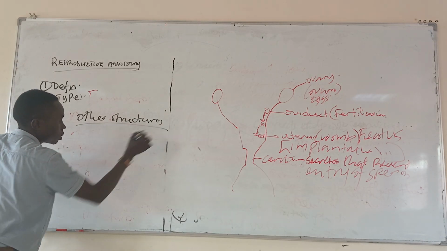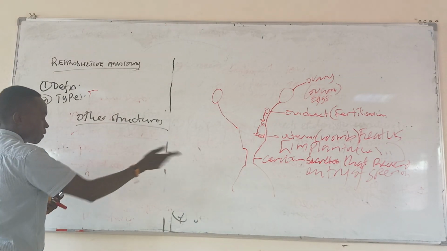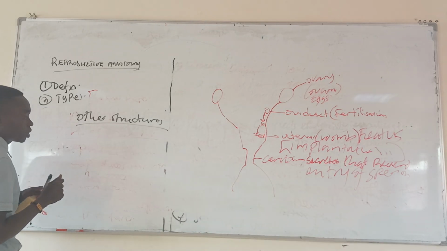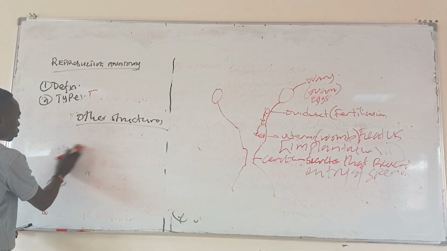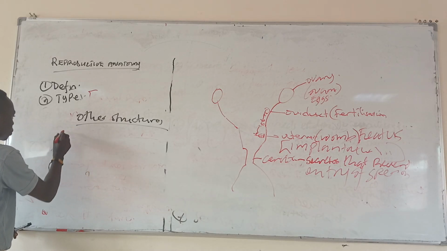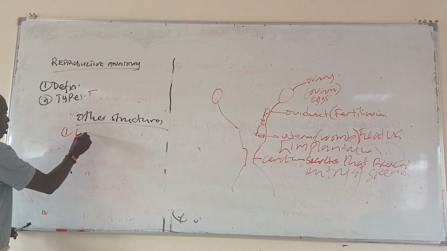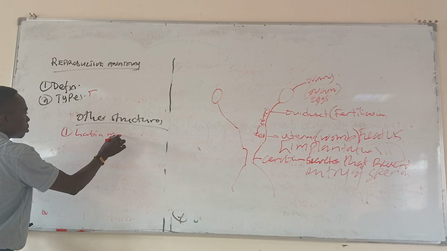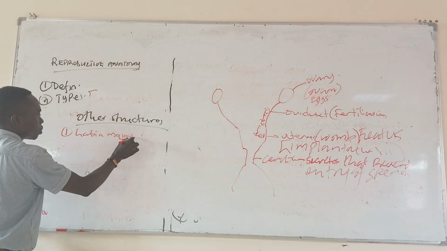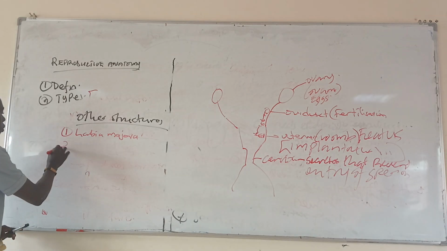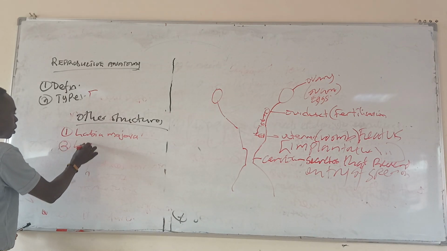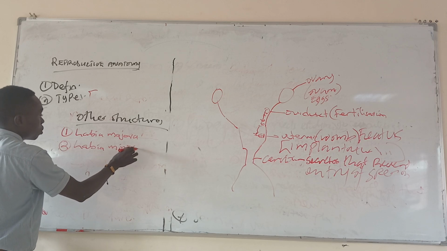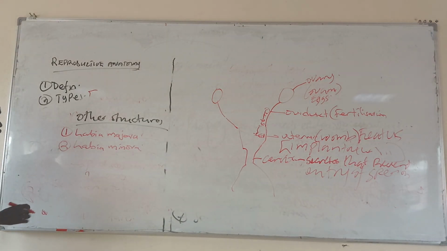Then, as I have talked about, let's look at the other structures which we find in the female reproductive system. Other structures we find here: one, what we call the labia majora. Then two, the labia minora.